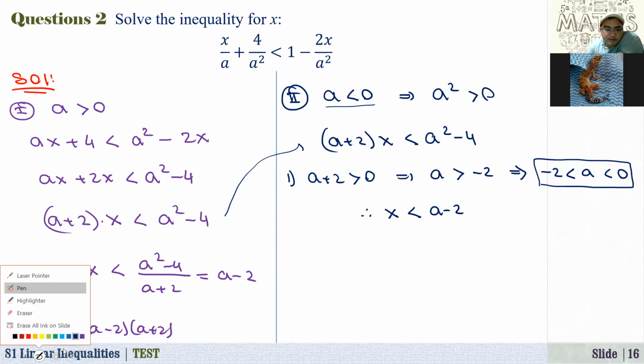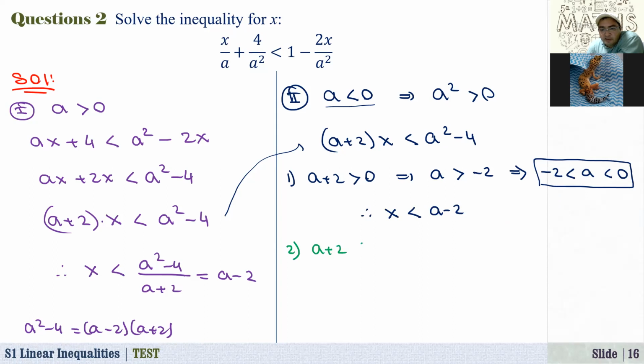Now, how about the second case? Let me just write in green so you can see the difference here. How about a plus 2 less than 0, right? Which means that a is less than negative 2. A is less than 0, a is less than negative 2. So the common part is a is less than negative 2.